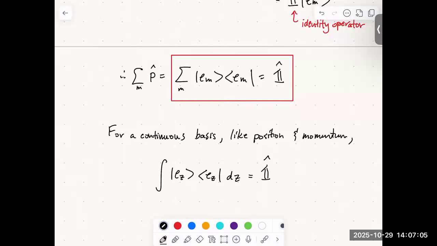So z is usually going to be either position x or momentum p.